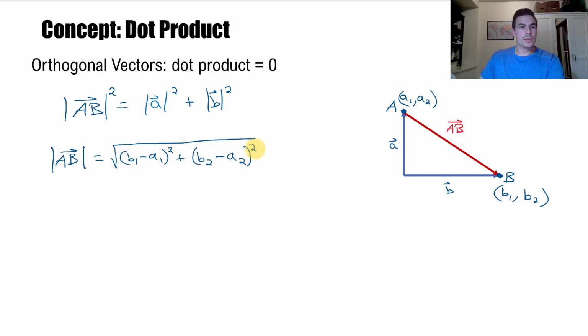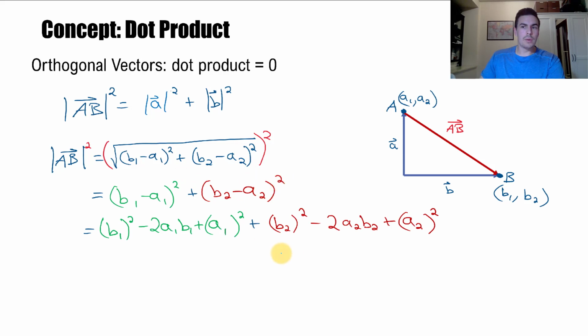Okay, so let's go ahead. We're going to prove that this is equal to something very similar, and we'll square both sides. Then what we get is a couple of squared terms here, and we're going to go ahead and expand those. And when we do that, we're going to then add our b1 squared plus b2 squared and a1 squared plus a2 squared.